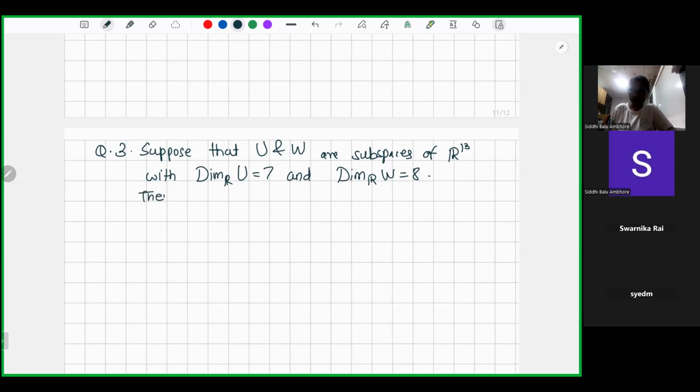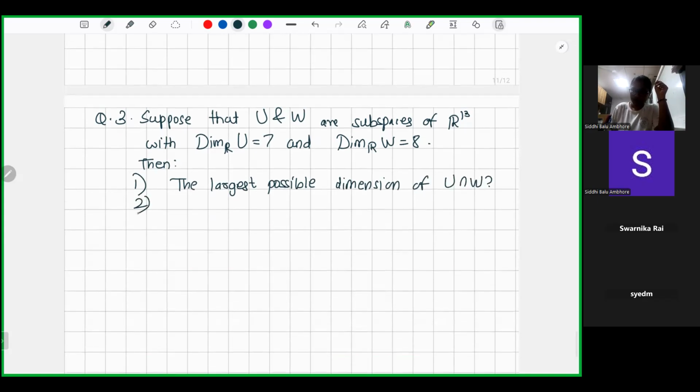Then we have to find, I'm directly writing, the largest possible dimension of U intersection W. Second is the smallest.